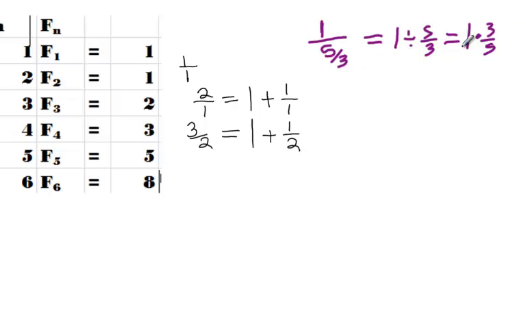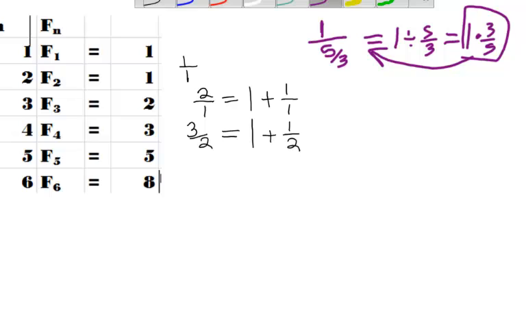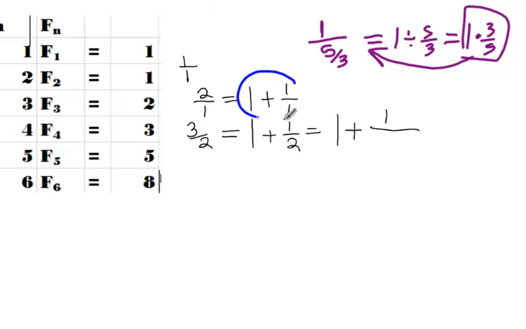So you invert the second number. Well, this is going to be the same as that. So if I look at the 2, this is the same as 1 plus 1 over, and the 2 is this, which is 1 plus 1 over 1.